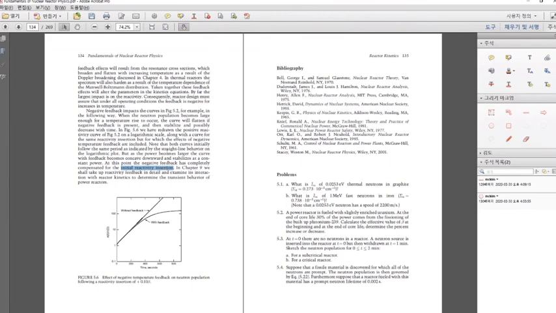In chapter 9, we shall take up reactivity feedback in more detail, and we are going to examine the interaction with the reactor kinetics to determine their transient behavior. Before moving to chapter 9, of course, we need to understand, as power increases, how the temperature of the fuel increases and how the temperature of the coolant increases.